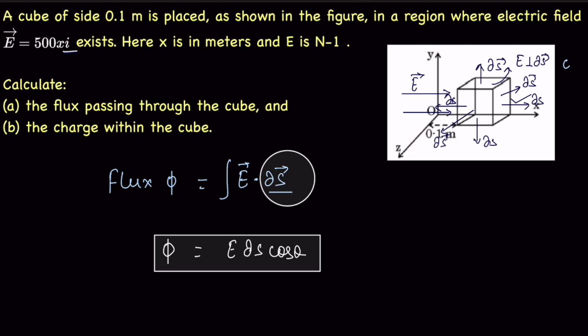So in this case, theta is equal to 90 degrees. So we can say that for the top one, flux will be 0. Similarly, for the bottom one, flux will be 0. Front one, flux will be 0. And the back side, flux will be 0. So flux is only present on the left side and the right side.